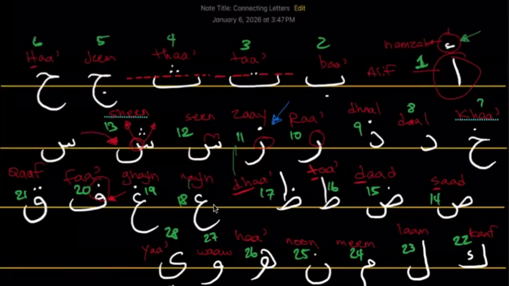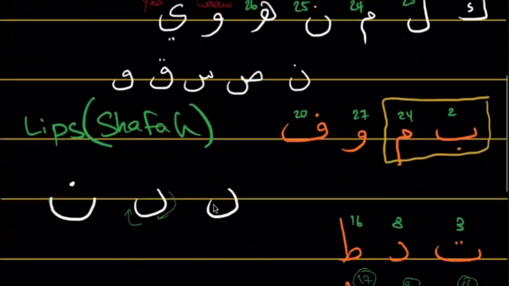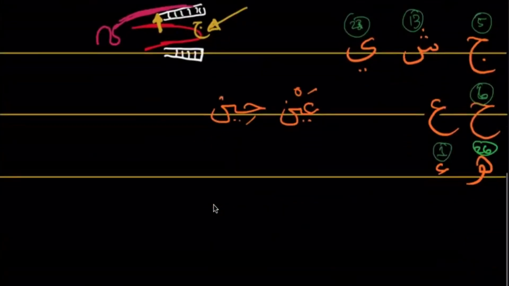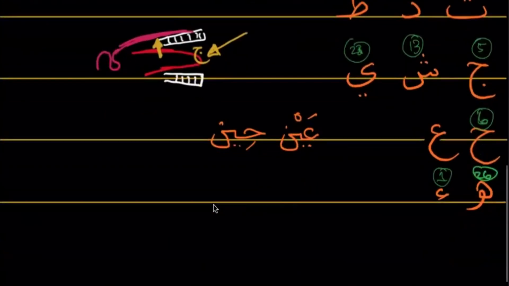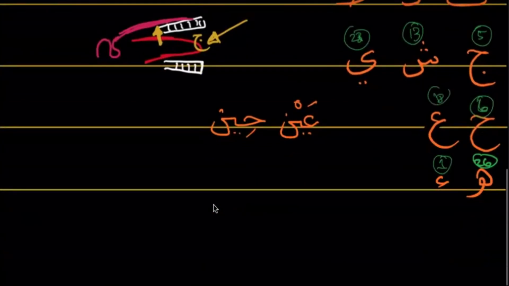That floating on top of the Alif? Hamza. And Ain is letter number 18. So 6 and 18 are sisters, Ha and Ain. And 26 and 1 are sisters, Ha and Hamza. Hamza makes the sound ah.